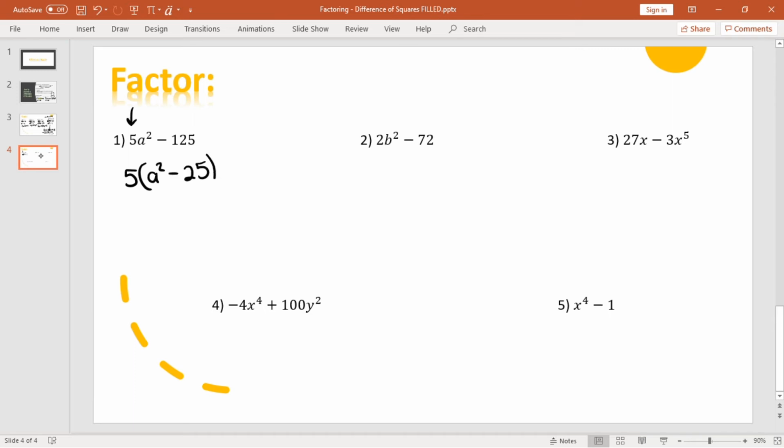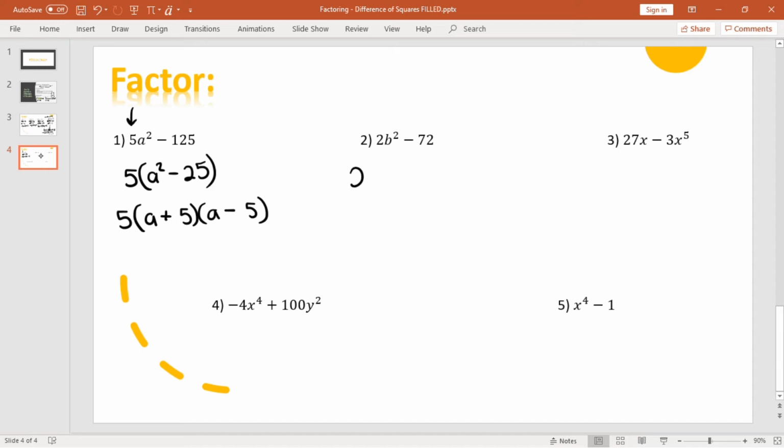And suddenly the stuff in the brackets are 2 squares. Root of a squared is a, root of 25 is 5. I honestly just write them down and then I put a plus in between one and a minus in between the second binomial. And you're done.